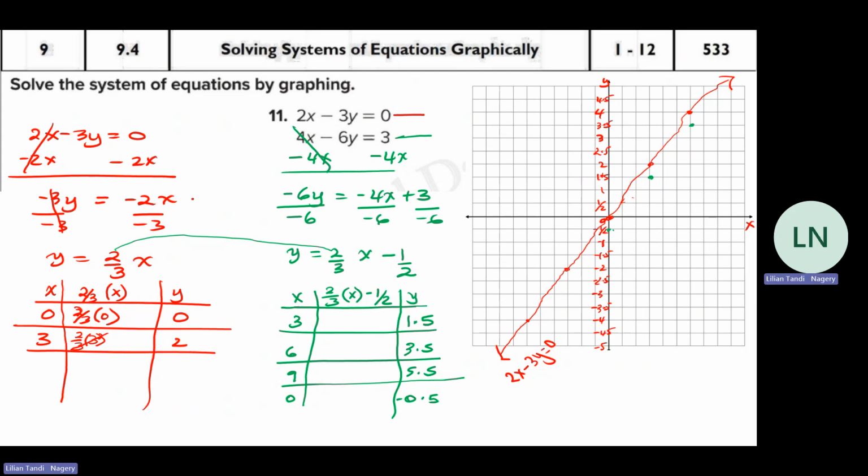So let's find 1, 2, 3, 4. So I go back this way. 1, 2, 3, 4. There you go. And then join your points.